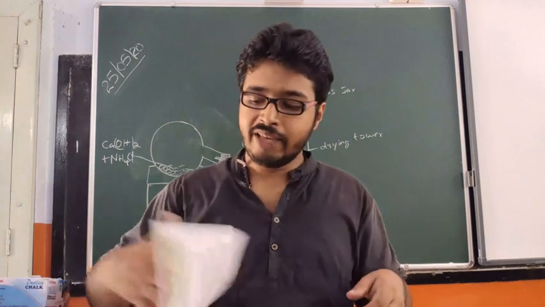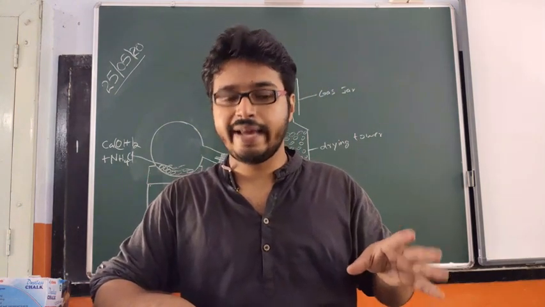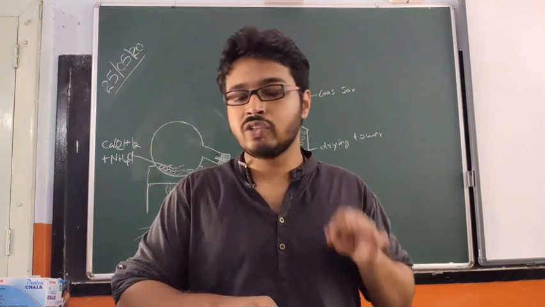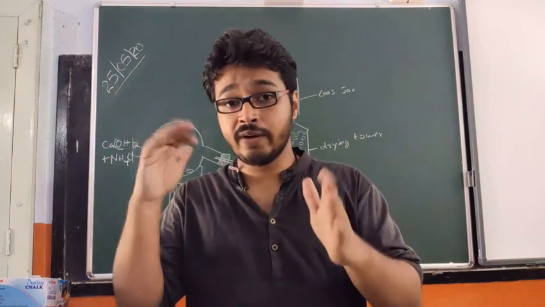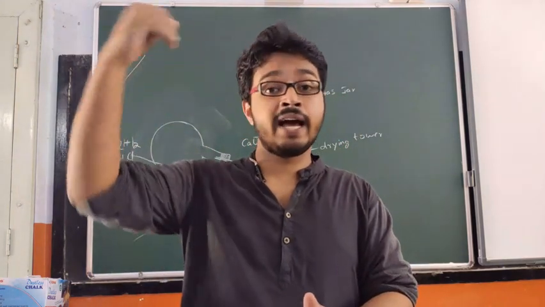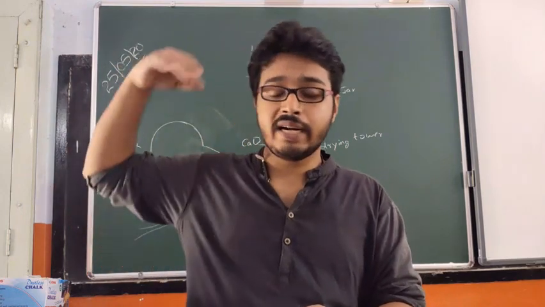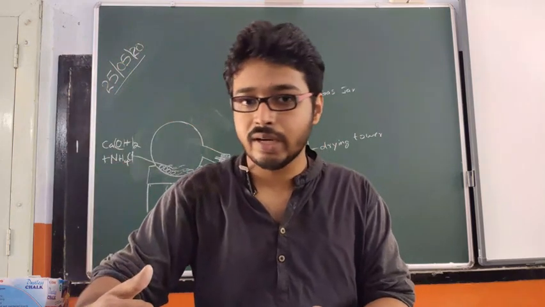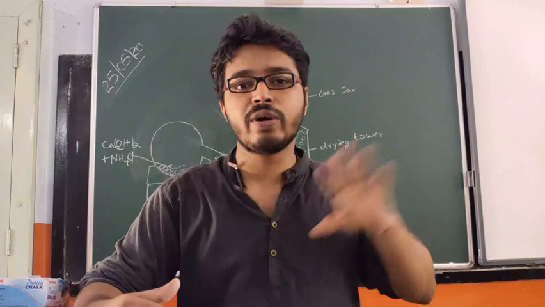If we are taking 100% pure ammonia and liquefying that, it is called liquid ammonia. We are applying high pressure and fixing a very low temperature. Under that condition, ammonia gas is converted into liquid. The product that we are obtaining is called liquid ammonia.